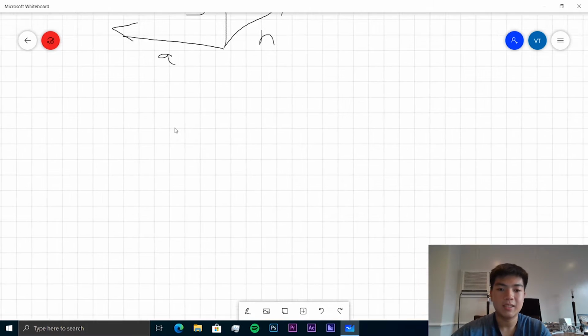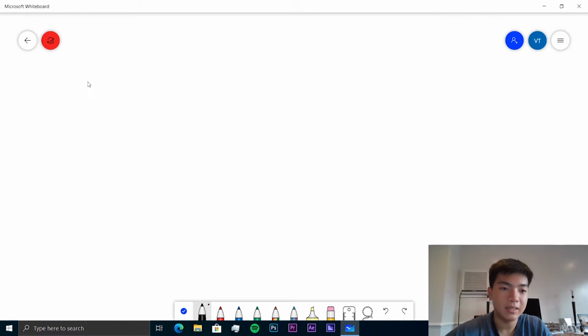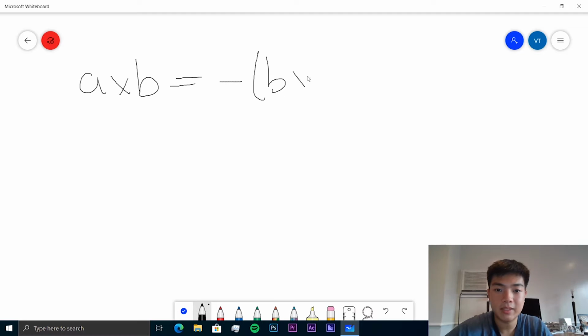Some properties of the vector product include that A times B is equal to negative B times A. So this time it actually matters which order you multiply the vectors in, but this is simply for the direction of the resultant vector, since if you swap B and A, the direction of the vector changes.